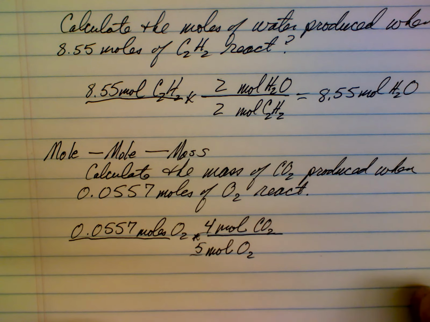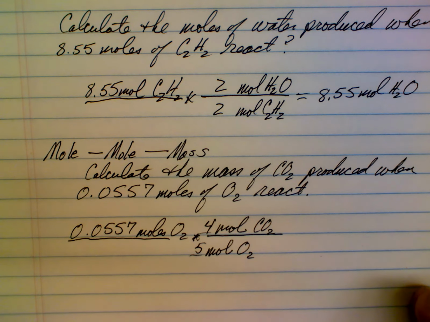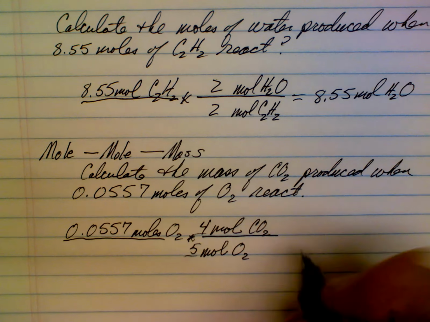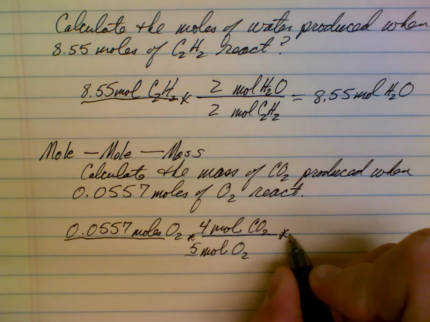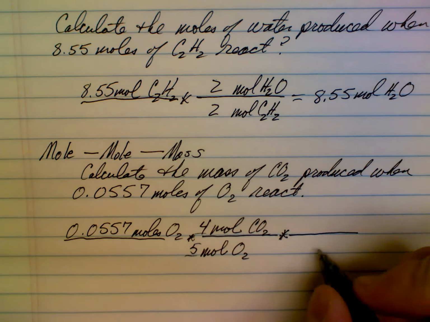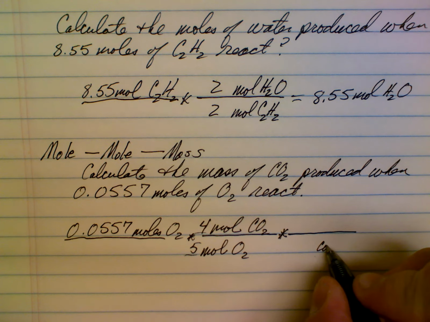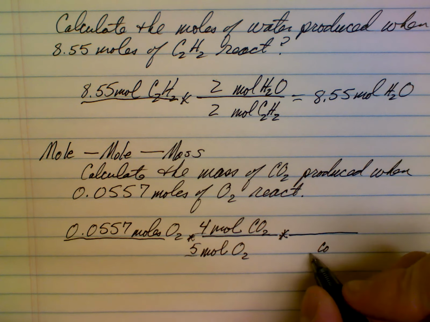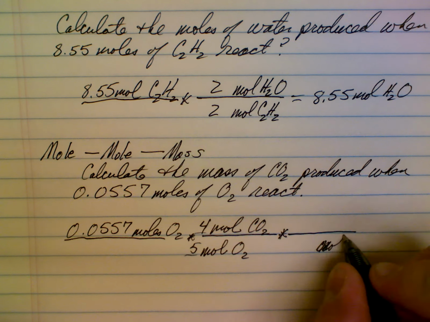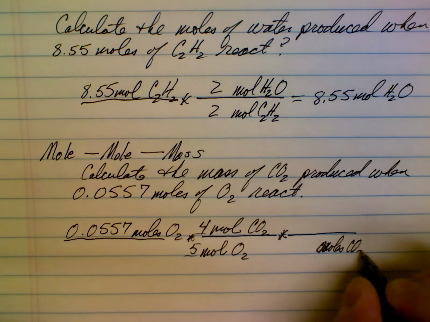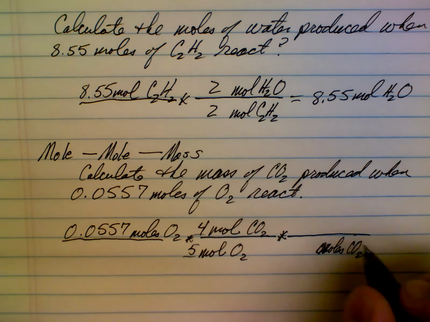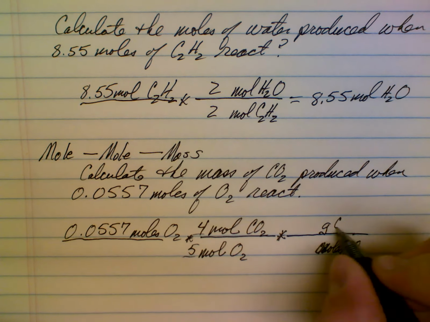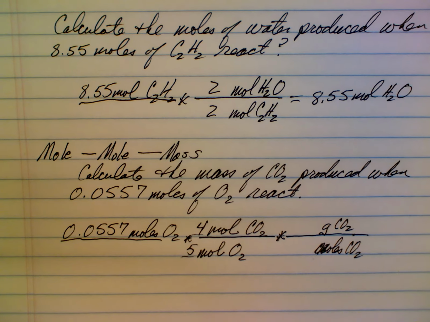But they're asking for the grams of CO2, in this case, not for the moles of CO2. So we have to take it one step further. Well, we know how to go from moles of CO2 to grams of CO2. And that we've learned how to do already.